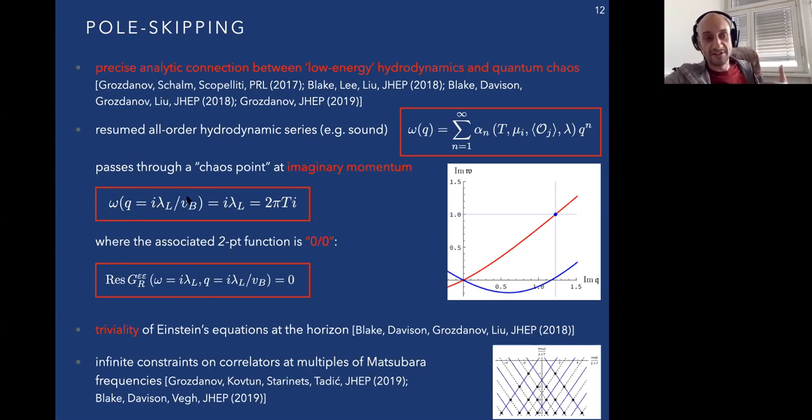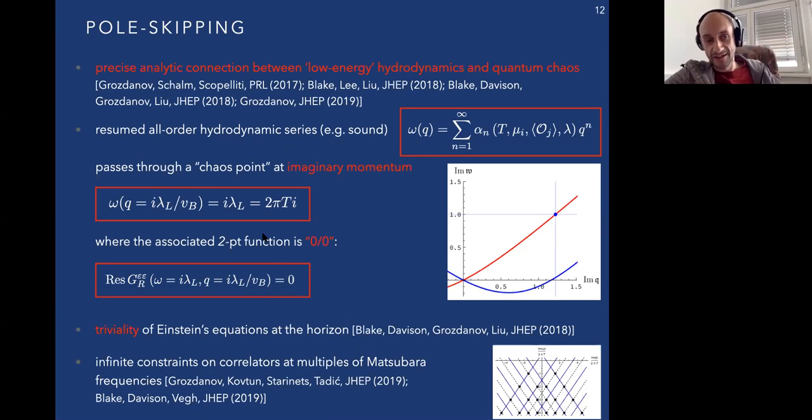Now, of course, in all these theories, lambda L is 2 pi T, but v_B is non-trivial. So this will equal i times lambda L, which is, incidentally, also the first Matsubara frequency. The way you find such a thing is it's associated with this behavior of 0 over 0 in the associated retarded correlator that has this pole. So there's a pole, okay? And you can compute the residue of the pole, and you will find places where this residue is equal to 0.